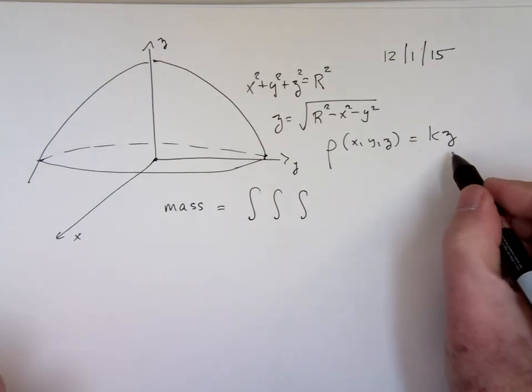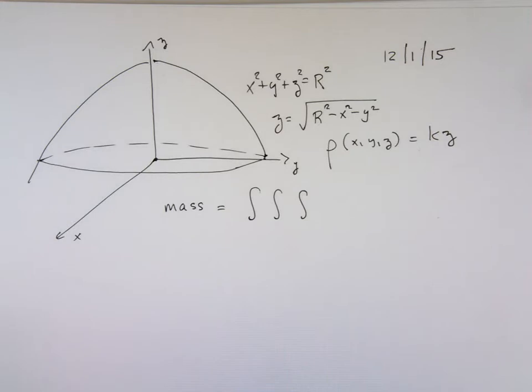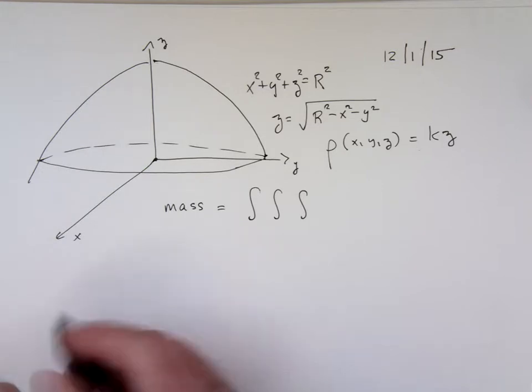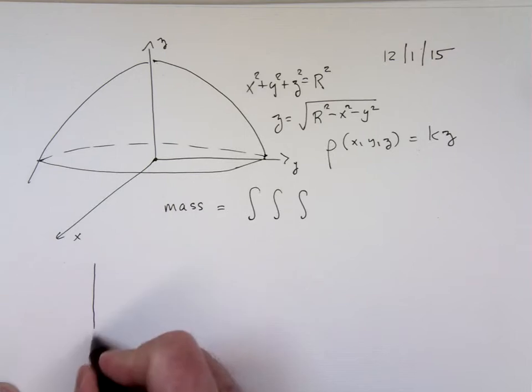That would be the triple integral of our density function. Now our density function is kz, but we had to get that in terms of spherical coordinates. Let me go over that briefly here.